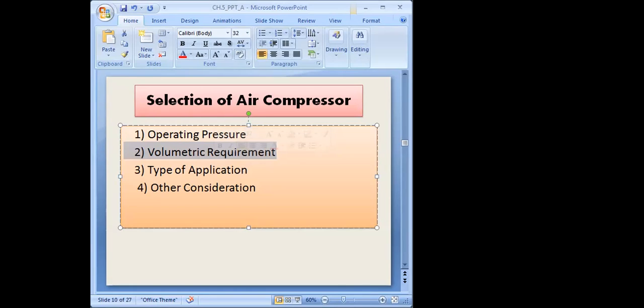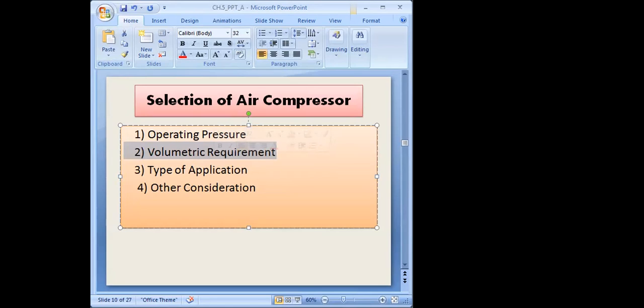Considering this fact, we also have to take into consideration the expansion of the plant, which is also a scope, and keep that point in mind while selecting the air compressor.